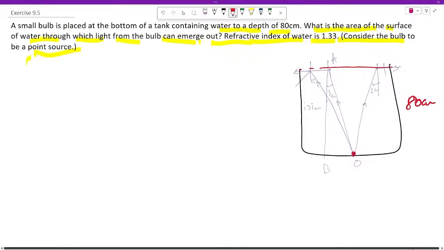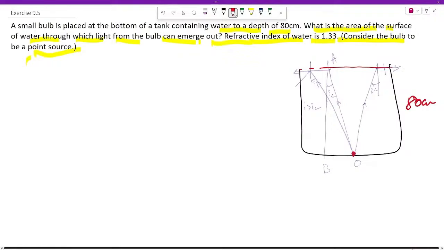That is, if IC is the critical angle, then the refracted ray would not cross the interface and it will just remain on the boundary like this, OA. And if the angle of incidence is greater than the critical angle, then the ray will be reflected in the same media. And if it is less than IC, the critical angle, then the ray will come out.